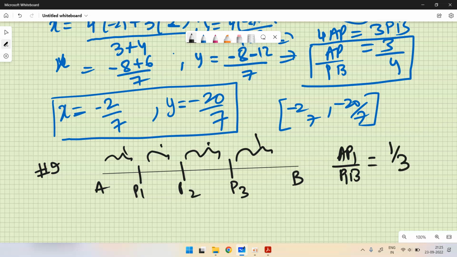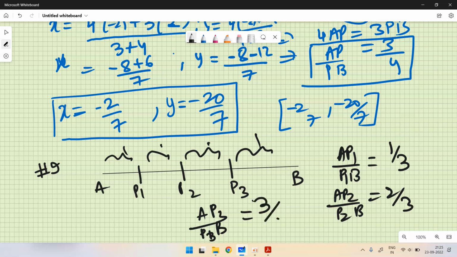Similarly AP2 by P2B is 2 by 2, which is nothing but 1 by 1, and AP3 by P3B is 3 by 1.